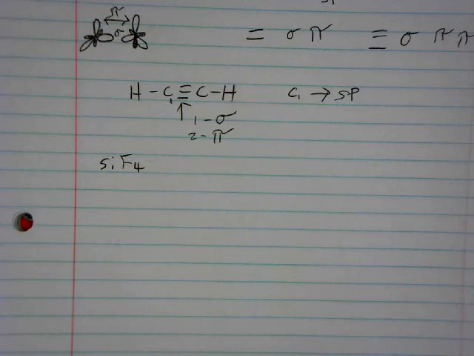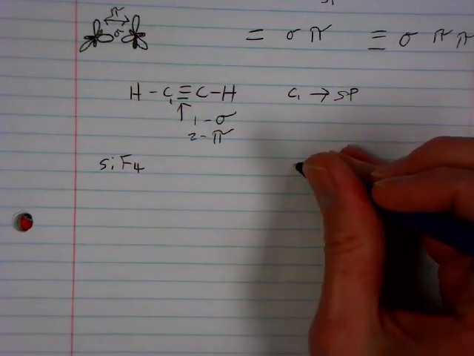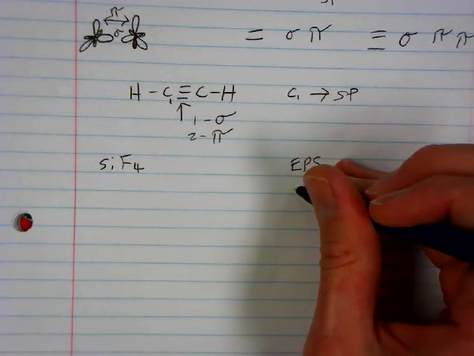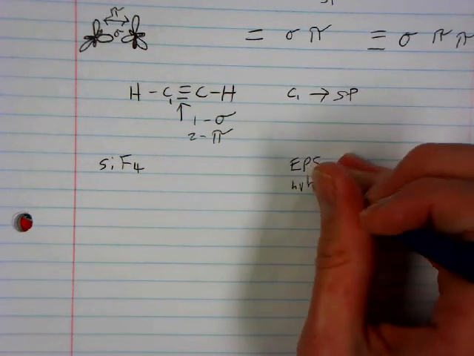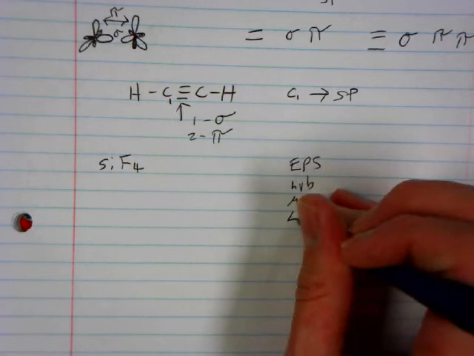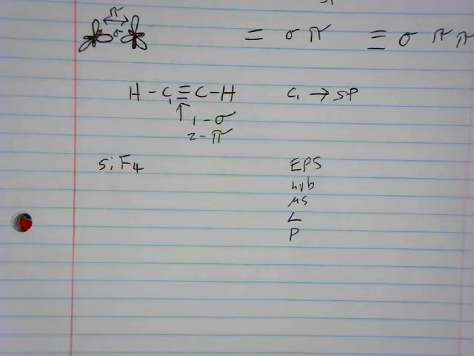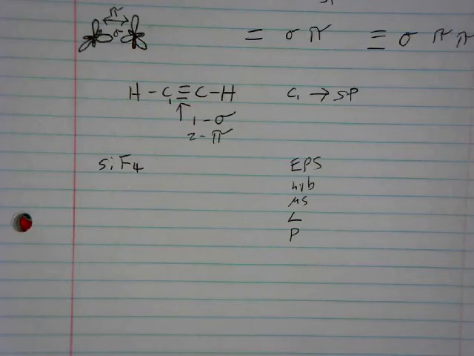All right, here we go. SiF4, on your own. Draw the Lewis dot structure. Give me the EPS, hybridization, molecular structure, angle, and polarity. So I want the EPS, the hybridization, the molecular structure, the angle, and the polarity. Also draw it.